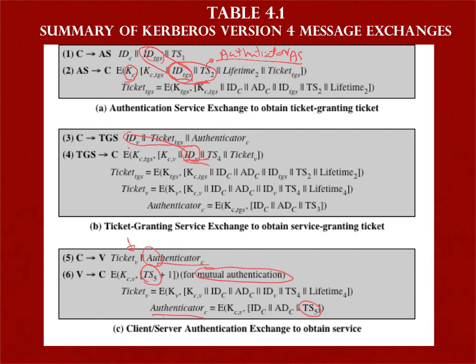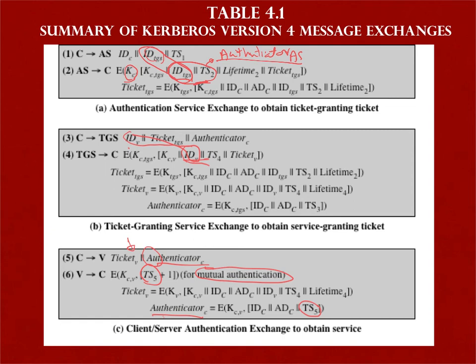It's plus 1 because it has to be different, but it's related. So it's like TS5. You have to make sure that it's fresh, right? Yes. So you cannot use the same TS5. But you have to use TS5 plus 1. So it has to be plus 1, or it has to be plus something that's agreed upon, because it has two purposes here.